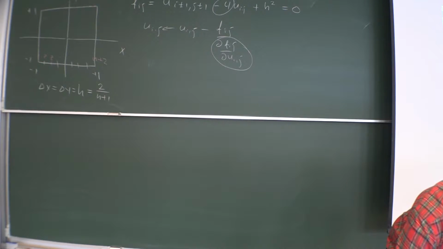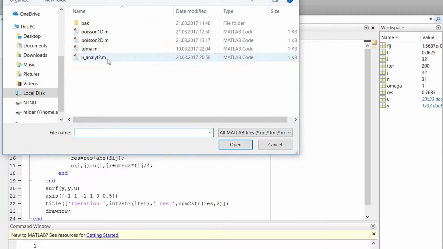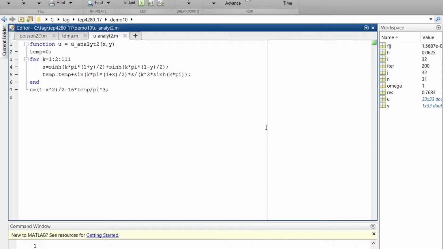So let's try that one. Let's see, now we have an axis here. Let's see if I recall correctly, I had my program here. So this one actually calculates this analytical solution given the input positions x and y.